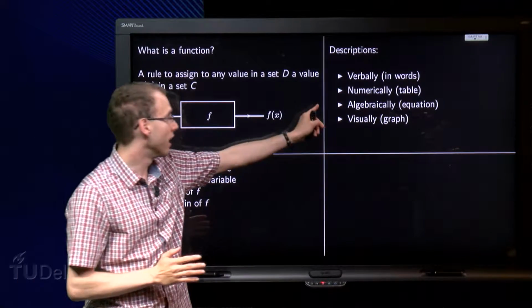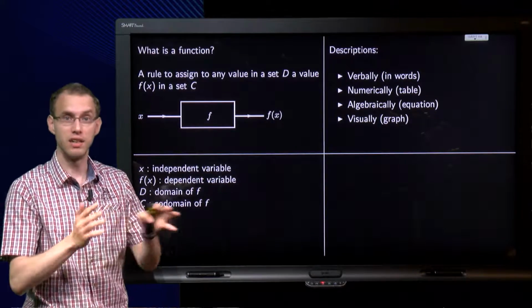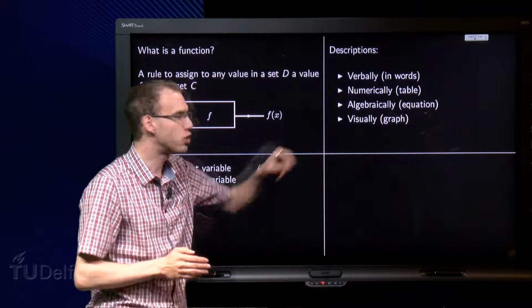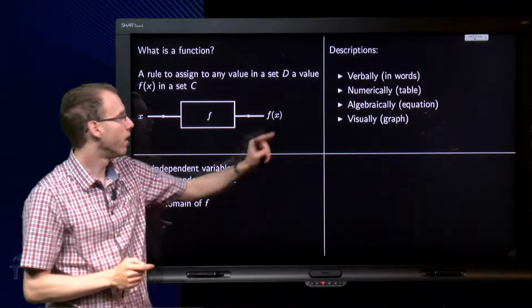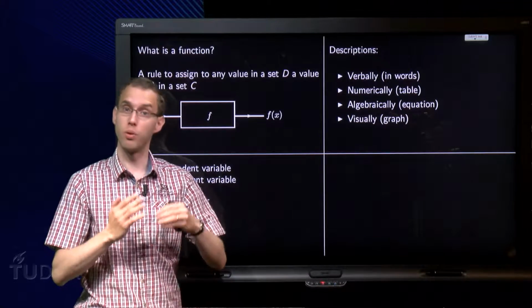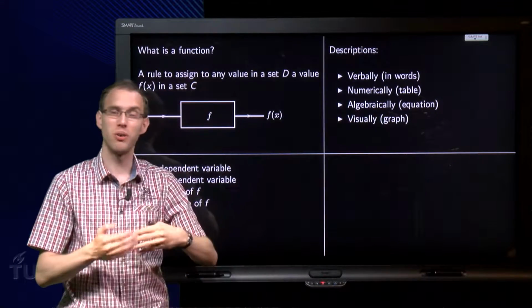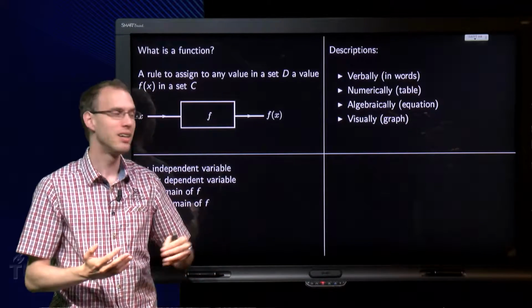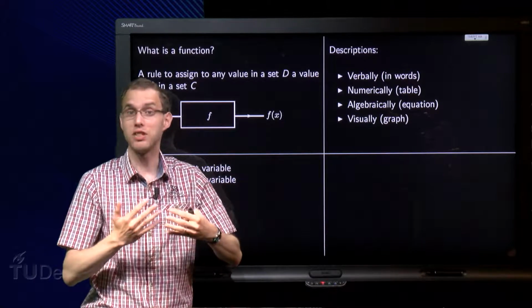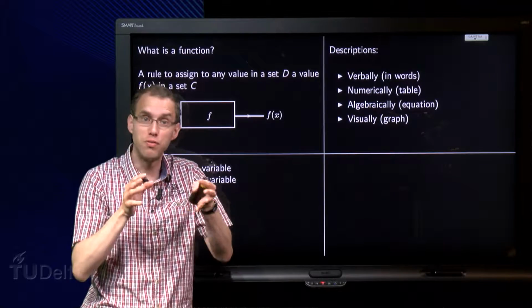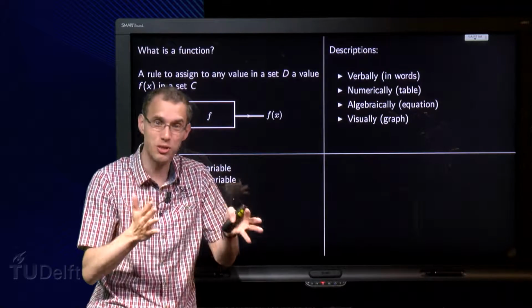Thirdly, algebraically, by an equation, in order basically to summarize the information of the table. And fourth, visually, by drawing a graph of the function. All information is already in the equation, but it's usually nicer to give a graph in order to be able to visualize how the function actually looks.